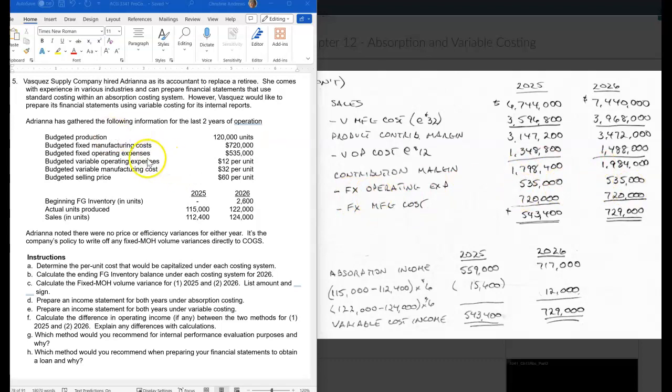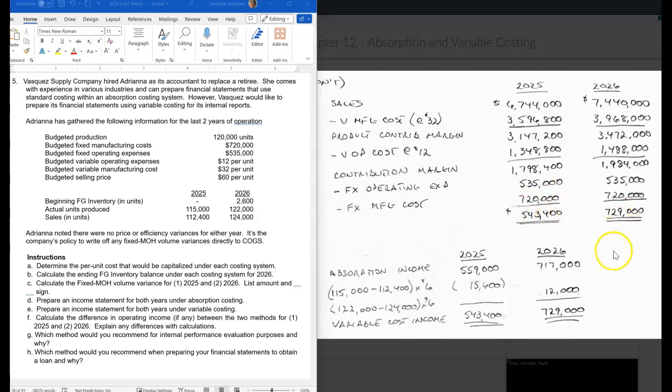Our budgeted fixed operating expenses were $535, so they are deducted in total each year, and the fixed manufacturing costs were $720,000. These are really deducted in total. So here's our operating income under variable cost basis.